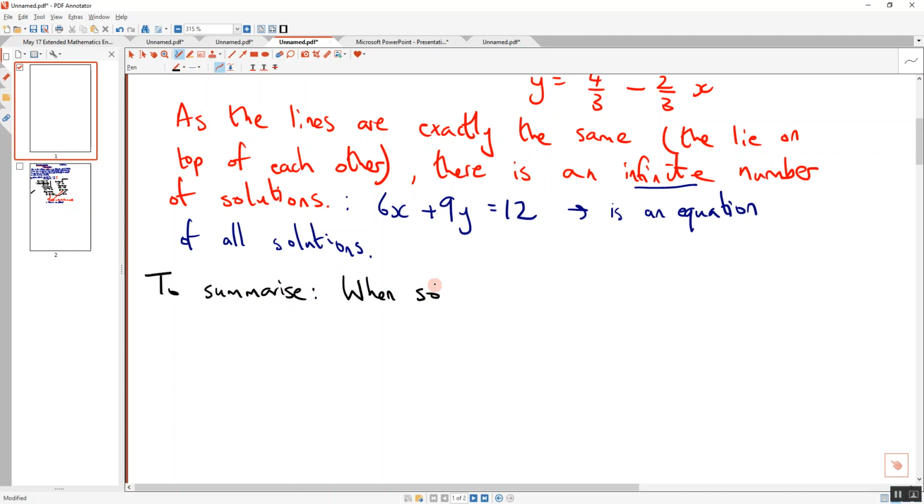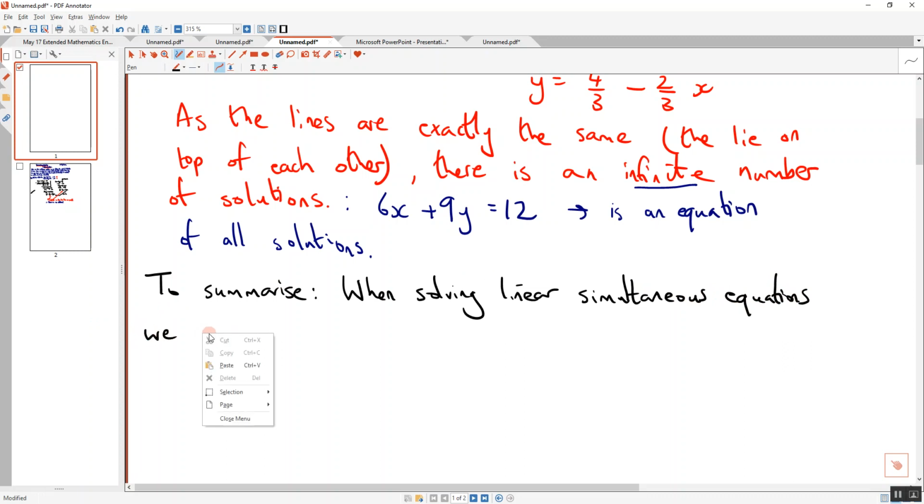When solving linear simultaneous equations, what are our possibilities? We could either have one unique solution. Okay, good.